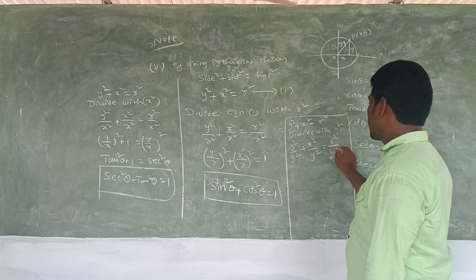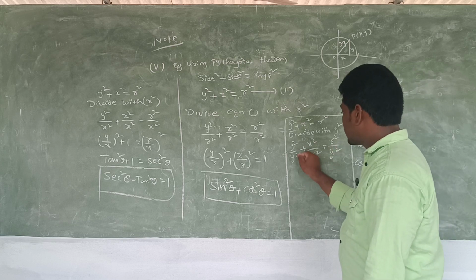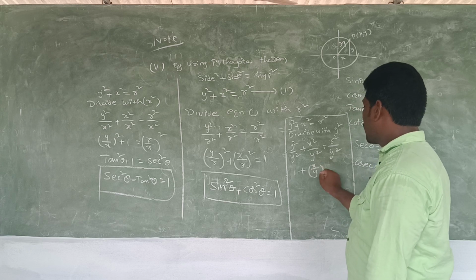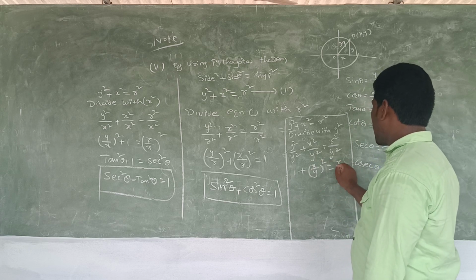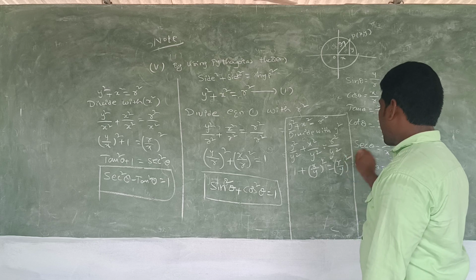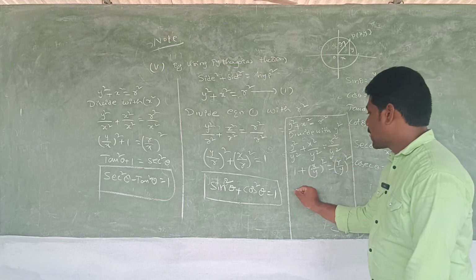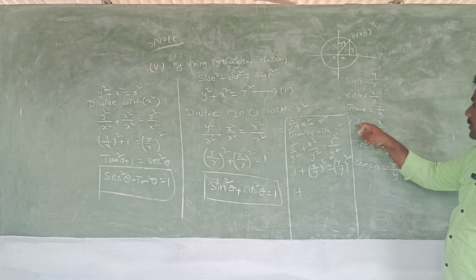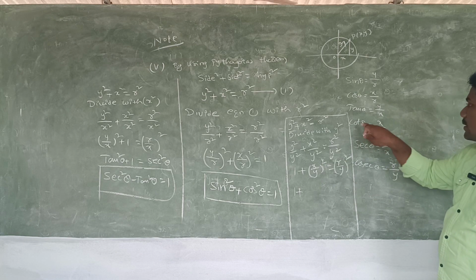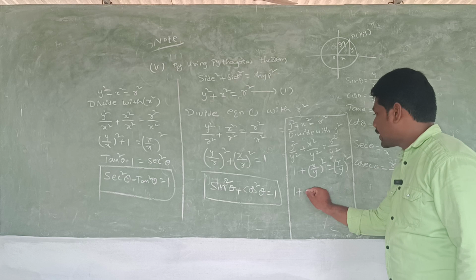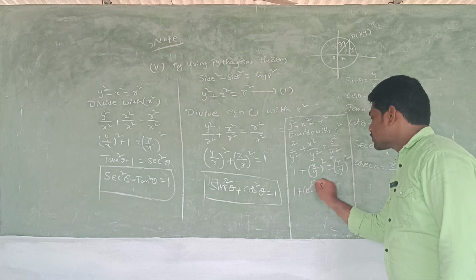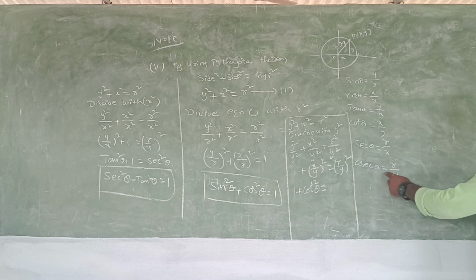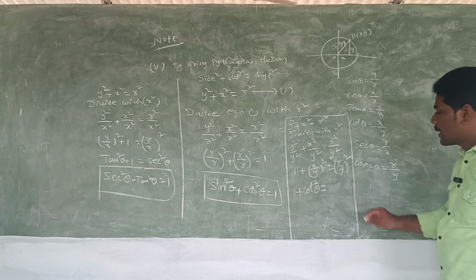You can write it as 1 plus (x by y) whole square is equal to (r by y) whole square. X by y is cot theta, so cot square theta, and r by y is cosecant theta, so cosecant square theta.